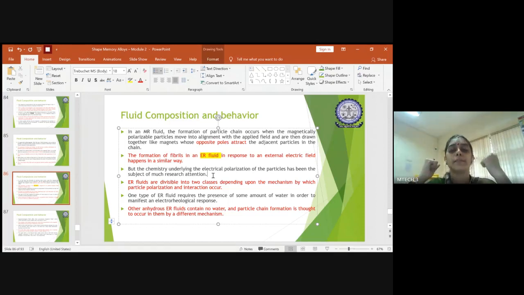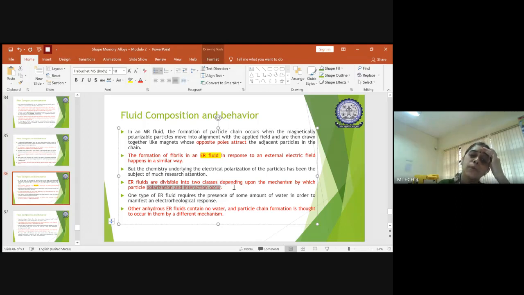And hence, more focus today is on ER fluid smart devices. And hence, here you can see that ER fluids are divided into two classes depending upon the mechanism by which the particle polarization and interaction occur.